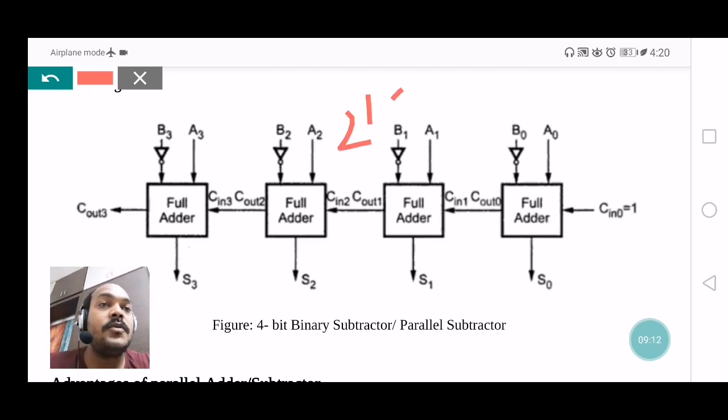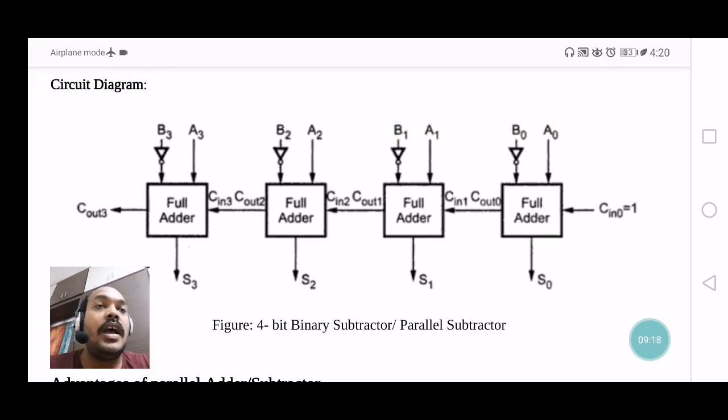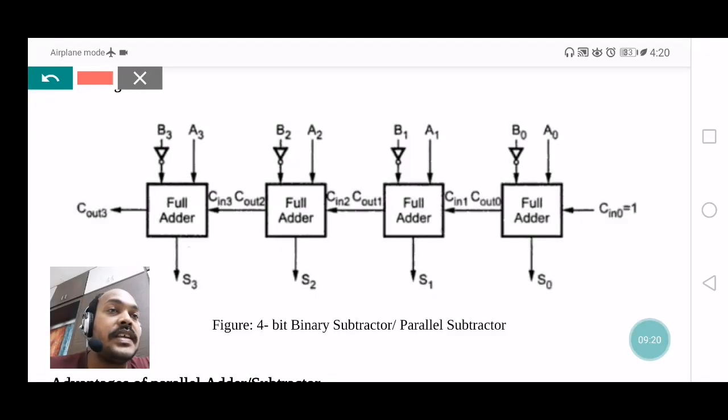So what is the formula of the 2's complement method? 1's complement of a number plus 1. So we need to convert B0 to B0 bar, and it should be added with 1.